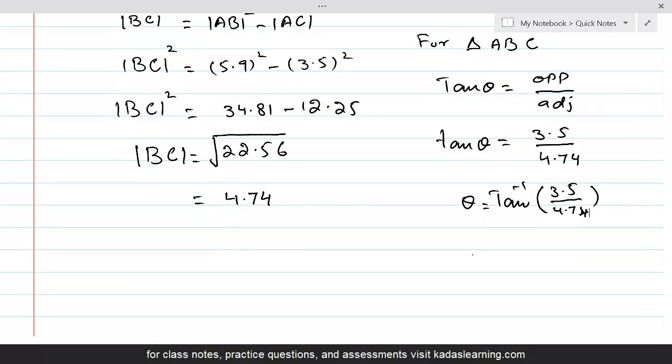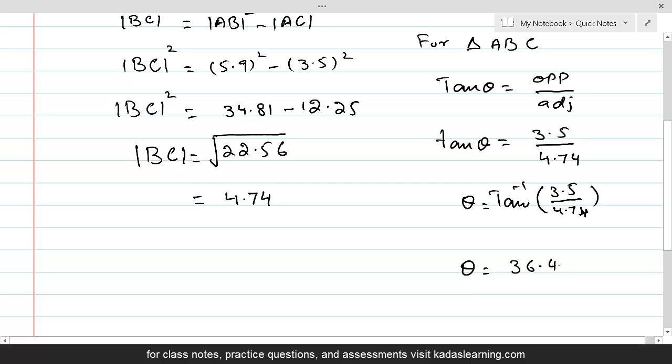Upon using a calculator you can get the value for theta, which is equal to 36.44 degrees.